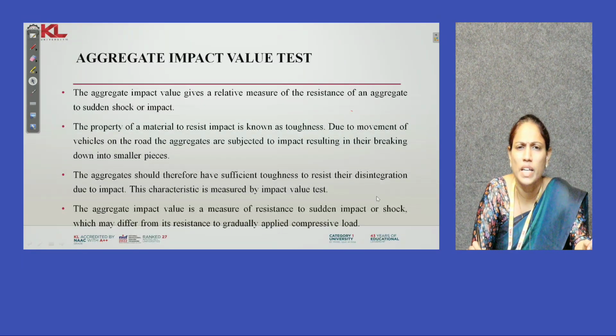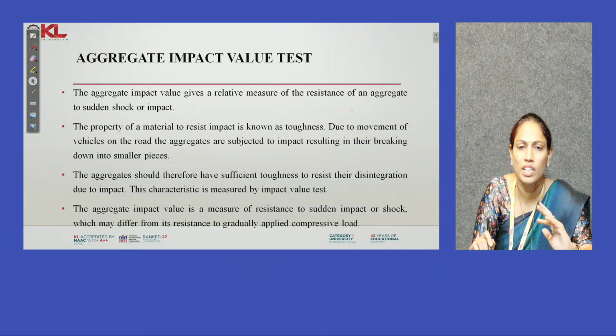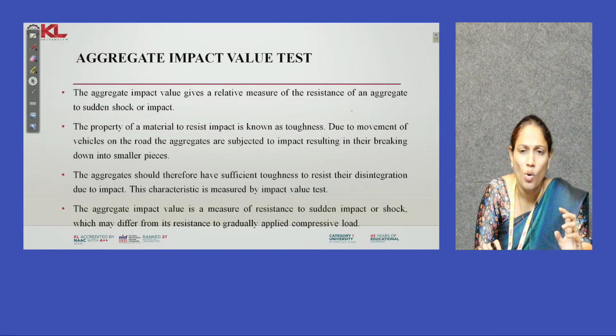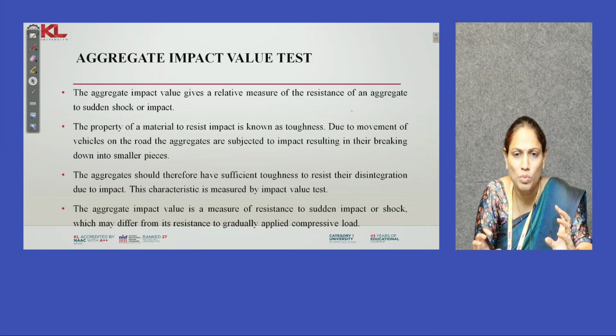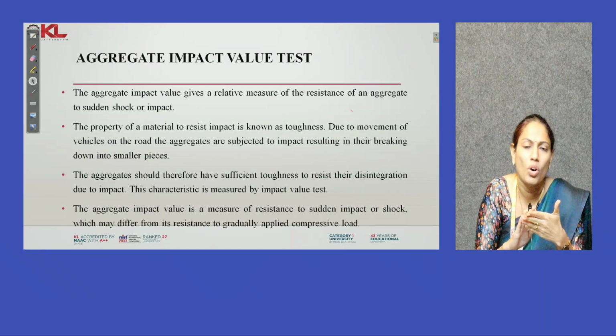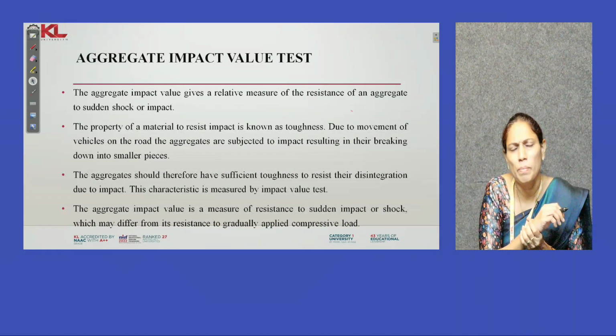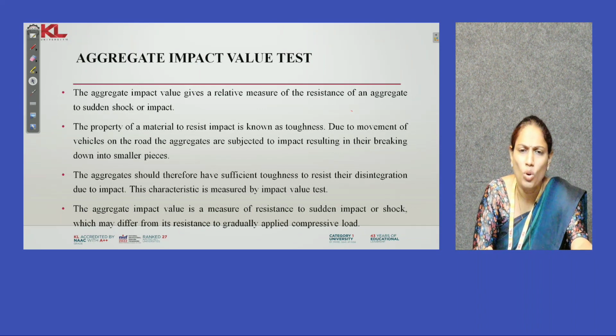Now the aggregate impact value test. How can the impact value be known? The aggregate impact value gives a relative measure of the resistance of an aggregate to sudden shock or impact. When a sudden load is given on the aggregate, what is the reaction, how does it deal with it, whether it will withstand or whether it gets crushed or compressed. Based on that, the toughness, that is the impact resistance to sudden load on the aggregate, can be known.